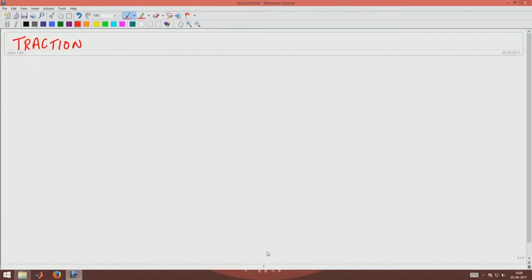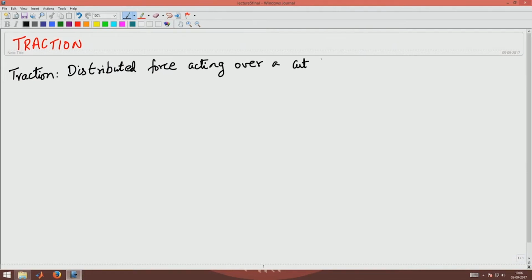We defined the traction as the distributed force acting over a cut surface or boundary of the body. This is where we stopped in the last class.